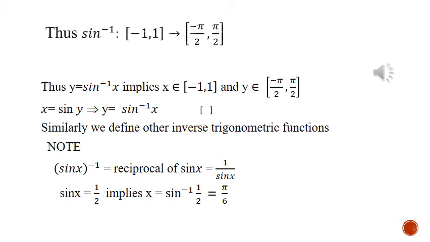Now here is one important point: sin x raised to negative 1 means the reciprocal of sin x, and we write it as 1 by sin x, and we know 1 by sin x is equal to cosec x. But by sine inverse x, we mean an entirely different idea: the process of finding the angle theta when the sine value is given.